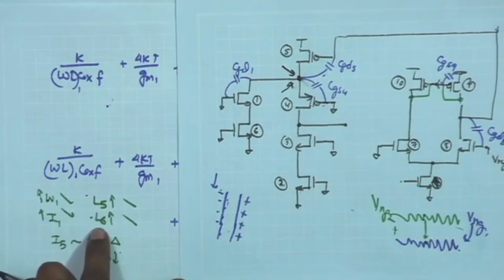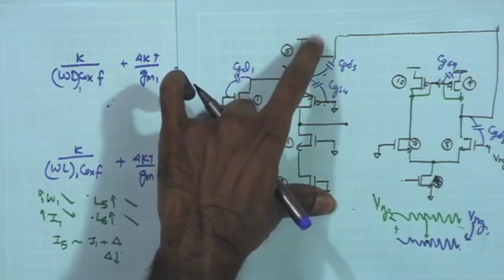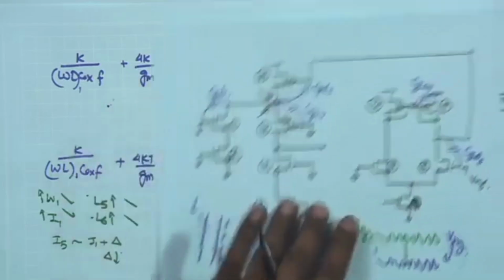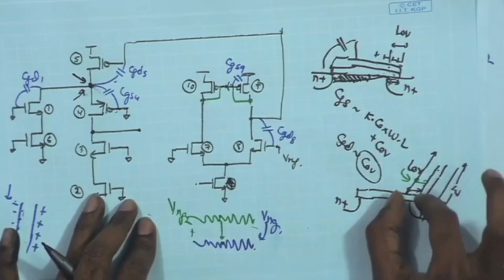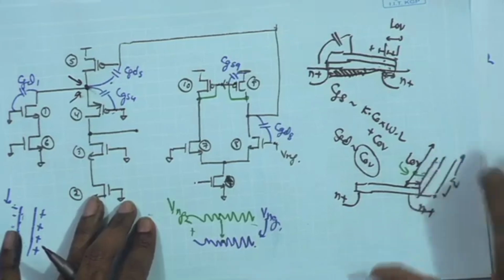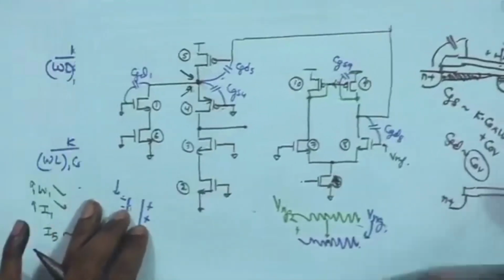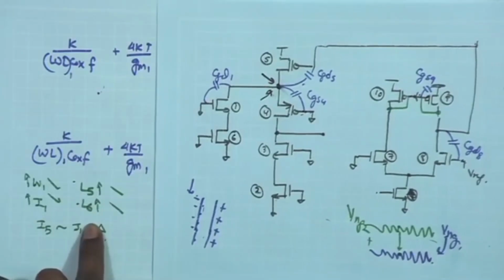Larger L5 and L6, as I said, is not going to increase CGD5 significantly, because CGD5 depends upon the overlap capacitance. So, CGD is dependent upon the L overlap, which is the constant parameter for a given technology, times W. Therefore, it does not increase when we apply larger L5 or larger L2.